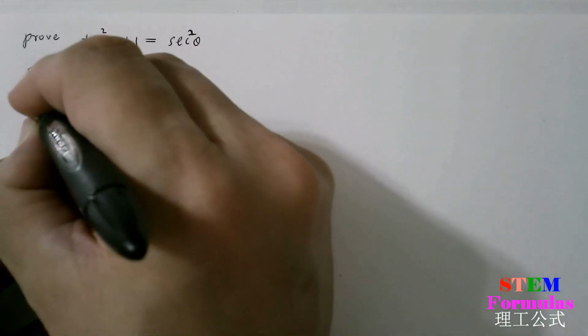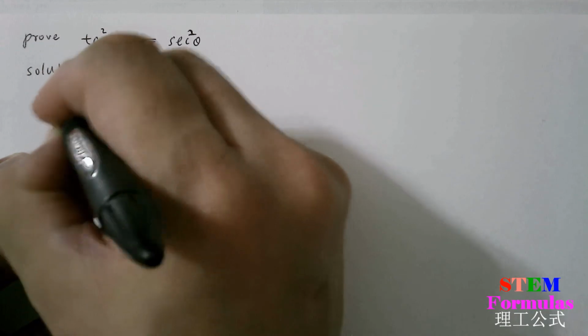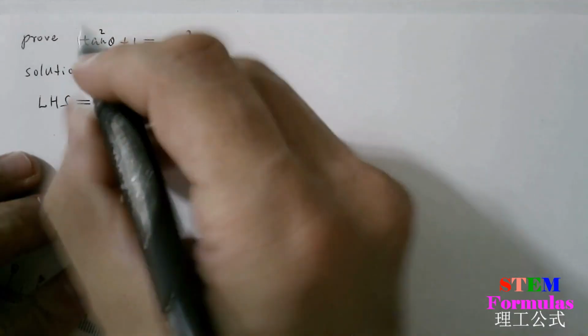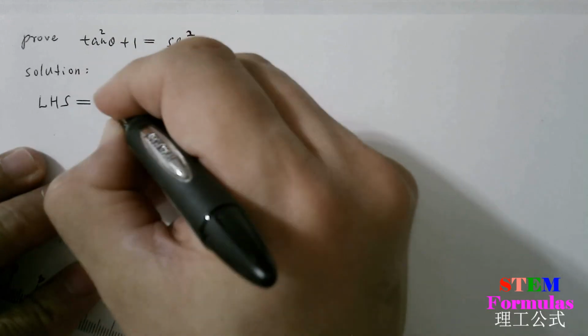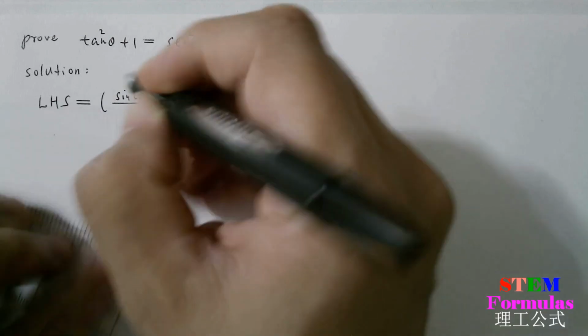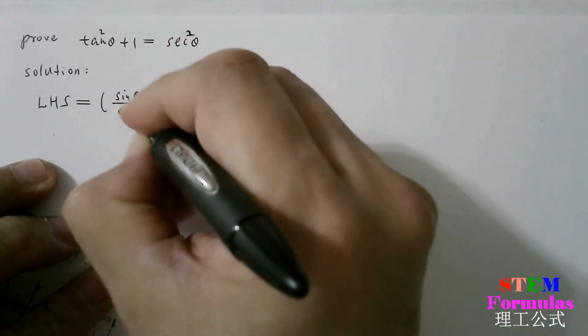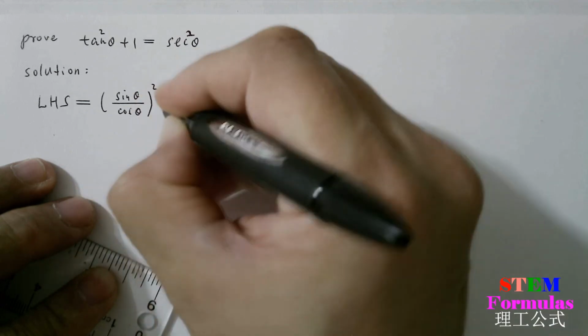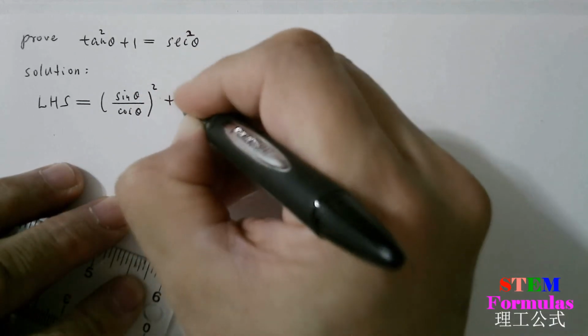Left hand side equal tangent, where tangent equals sine theta divided by cosine theta, square plus 1.